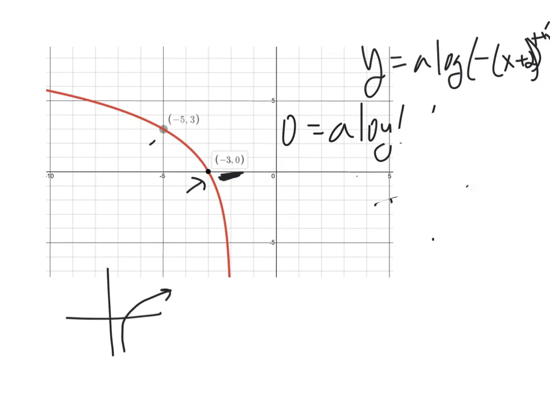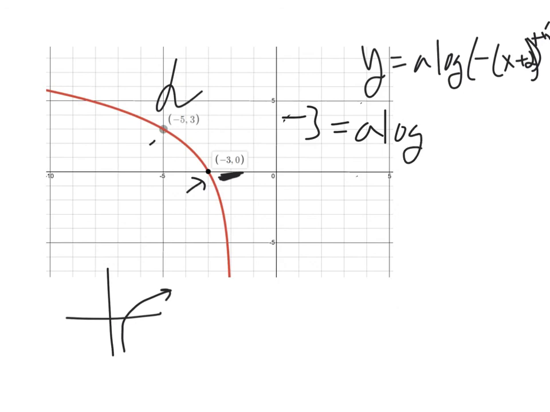Really, this is all about, do you understand how log functions behave? That's what it all comes down to. So there's another point we can use. Negative 3 equals some stretch factor times the log of negative 5 plus 2, when we know k is 0.